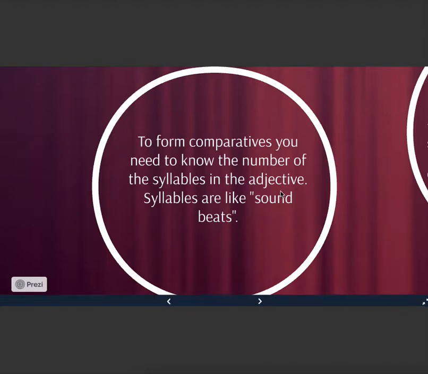So, syllables are like sound bits. I am going to explain with the words that you have here. For example, two. How many syllables do you have in two? ¿Cuántos sonidos escuchas?